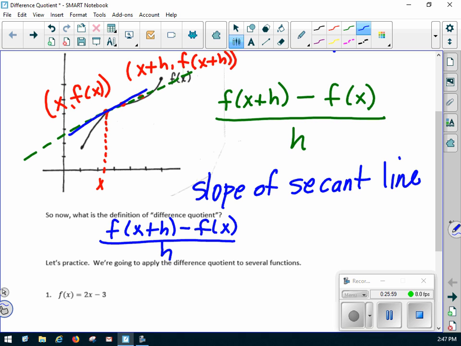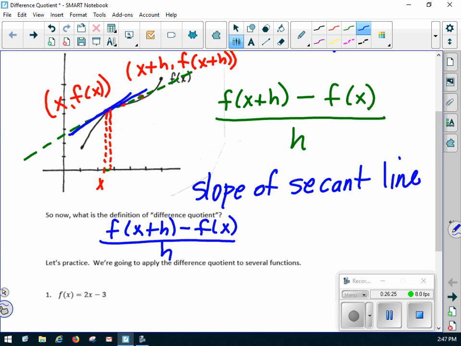What if I made h even smaller still? Then there's the point, and the line looks like this. What am I doing to h? How small can I make it?